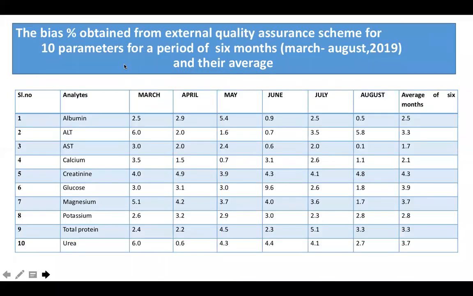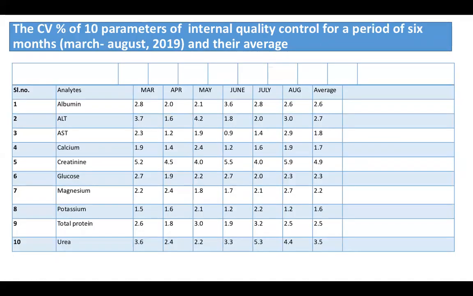We also calculated for the same period bias percentage. Now, if you see percentage CV in the month of June is 3.6 and in the month of April it is 2.0. So CV is more in June, you will say there is some imprecision in the month of June as compared to April.